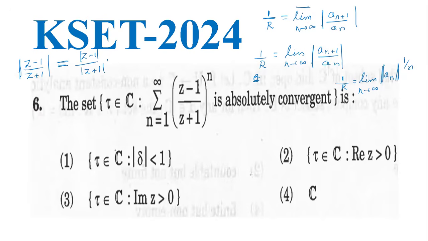This is an absolute value, that means we get a real value for solving this. That means real of z greater than 0. The set of all z belonging to C such that real of z greater than 0 is the correct option for this question.